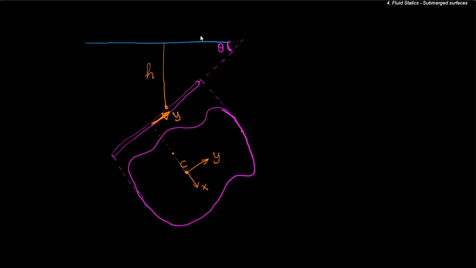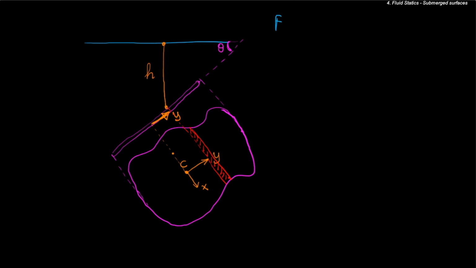Now at a given depth h from the free surface, if we project h onto the object, the red line is the area along which the force will act. The pressure times this area will be the force.